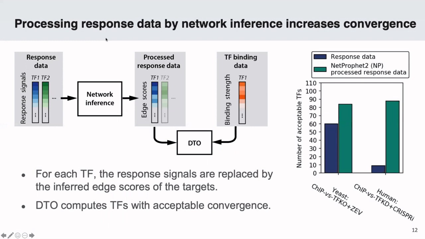In this particular example, we're showing NetProphet 2 improved the results over the unprocessed response data. We show even stronger improvement when we process the response data in human, where the increases are even greater. We also tried other TF network inference methods that I mentioned before, instead of NetProphet. They all seem to improve the result.